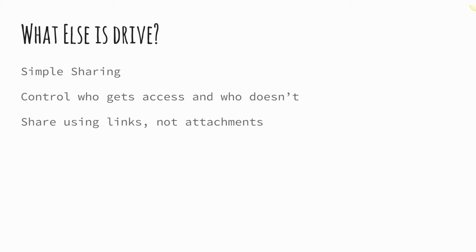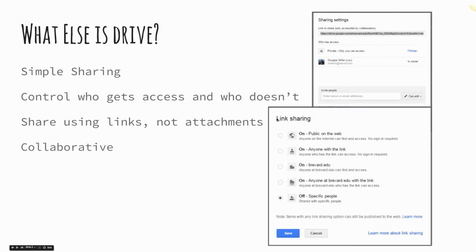So with these links, again, if you have the internet, you can get access to those links. The other neat thing is that the link is only going to be opened by the people you want to open it. So you can control the access to who gets it. You can make it private, only available to the people you specifically share it with. You can make it open to anybody who has the link. You can really dial it into anything in between.